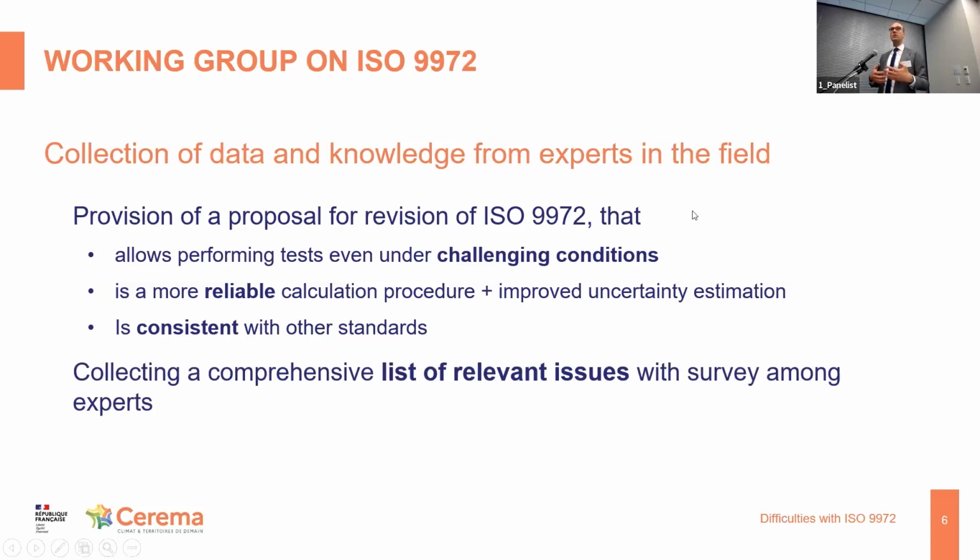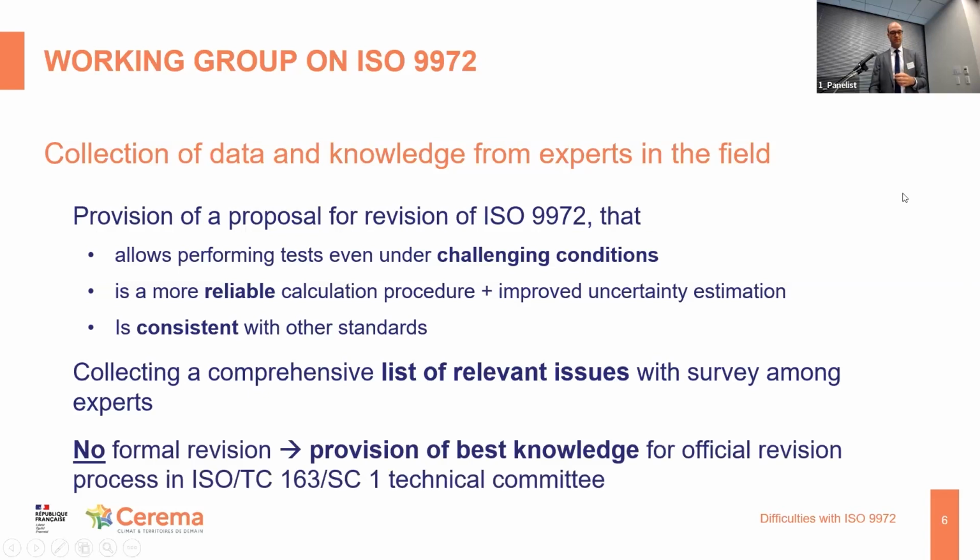Therefore, we conducted a survey among these experts, to collect a comprehensive list of issues that probably need to be improved in the standard. And this working group is then divided into sub-working groups working on these subtopics relating to the interests and expertise of the experts in these respective fields.